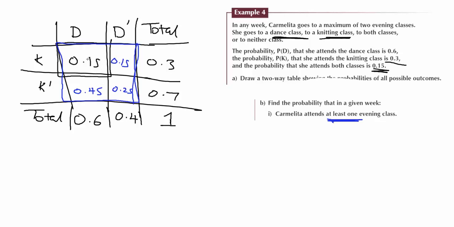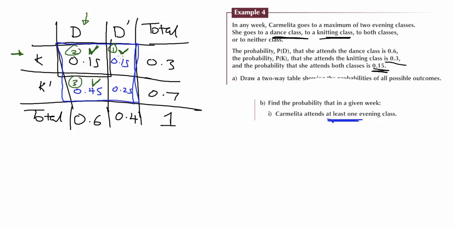Well, this one definitely does, because that's both classes. Also this one, because we want everything in this row, because everything in this row means she went to the dance class. We also want everything in this row, because this is the knitting class. So we want that too. We'd overlap with that, but we've already picked that. So can you see it's this one and this one, which we want to add up.